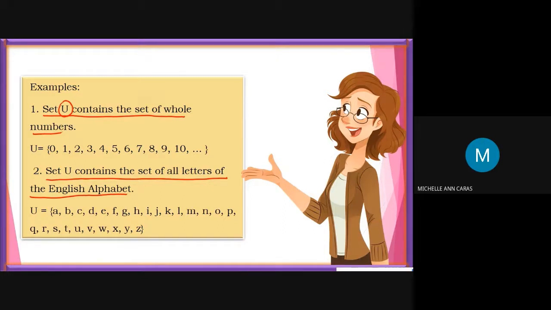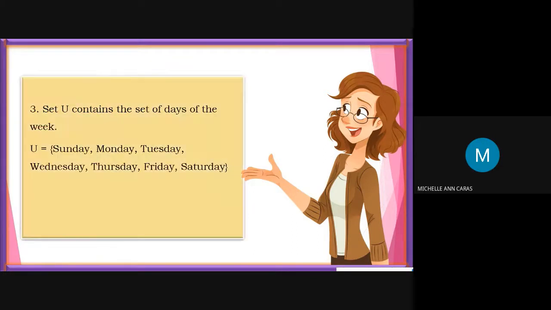So this is still an example of a universal set. Okay, next. Number 3: set U contains the set of days of the week. And what are the days of the week?